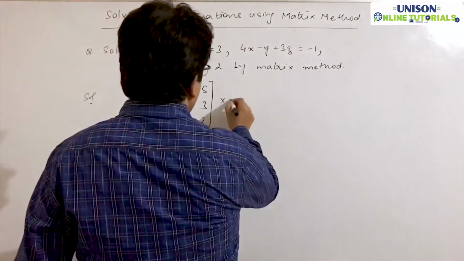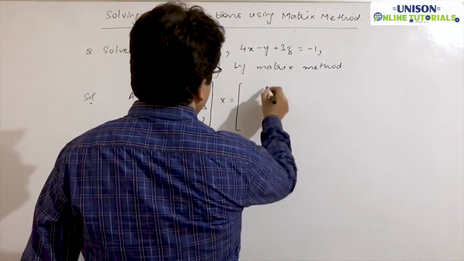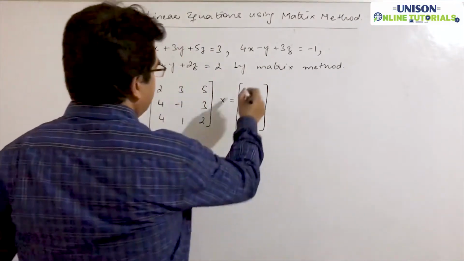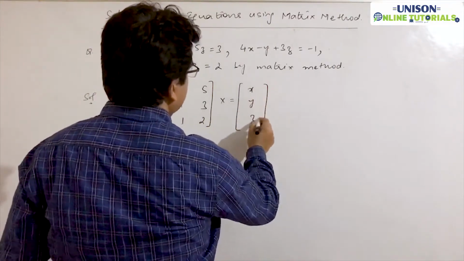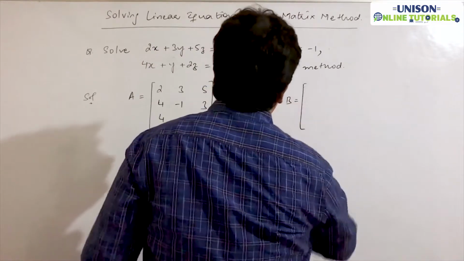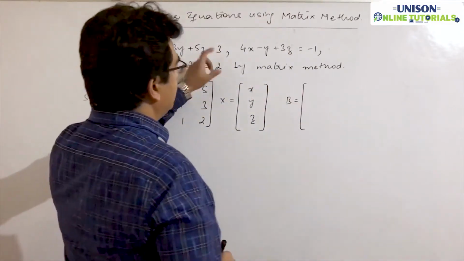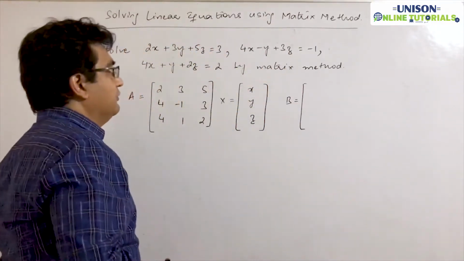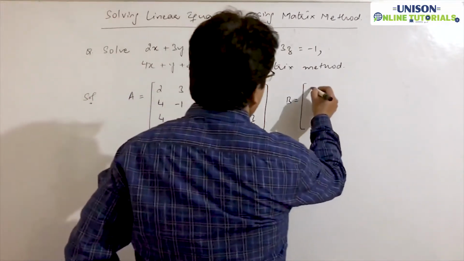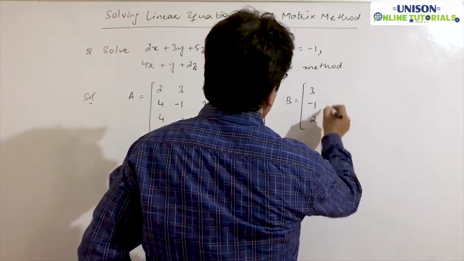And the X matrix I will take of the variables. Here the variables are x, y, z. And the B matrix I will take the constant terms after the equal to, that is 3, minus 1 and 2.